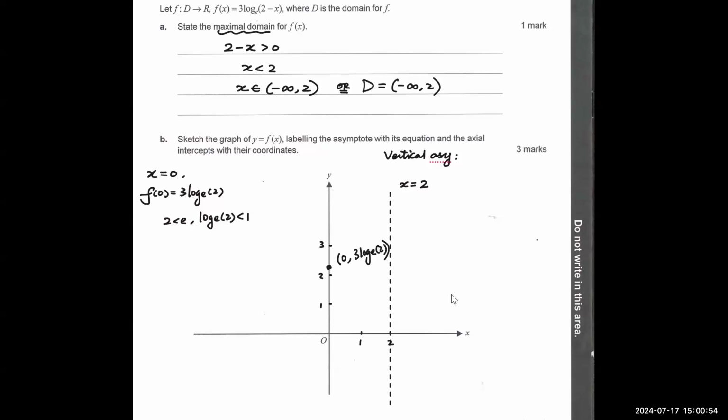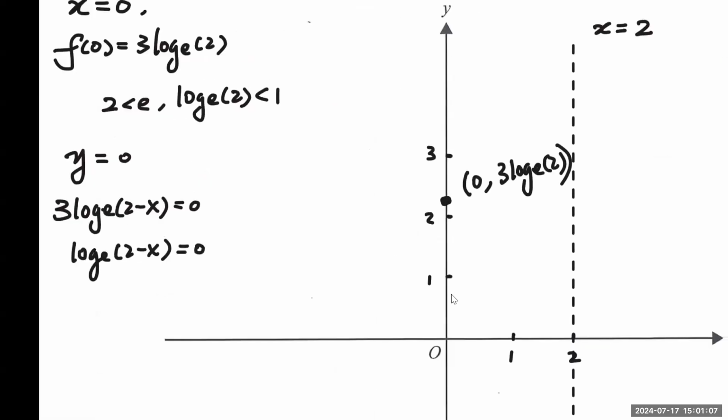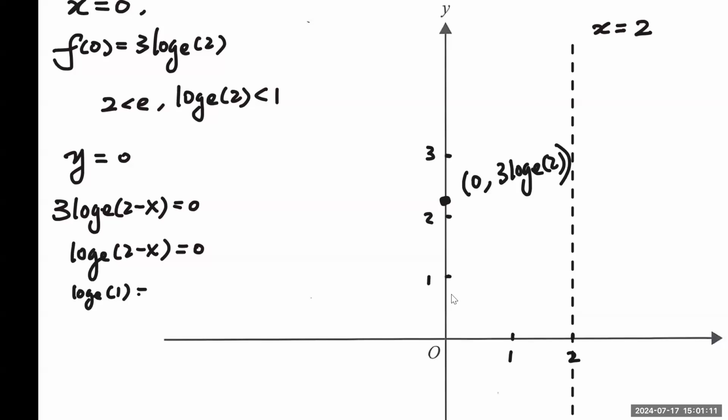Okay, and the next thing is you make your y equal to 0, which is 3 log e of 2 minus x equals 0. And log e of 2 minus x equals 0. Now, you could get log e of 1 equals 0. That's why you can equate 2 minus x to 1. Therefore, your x is exactly 1.